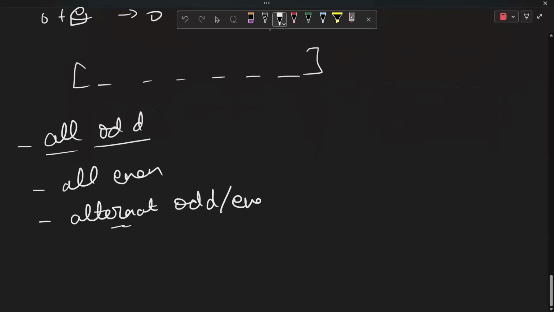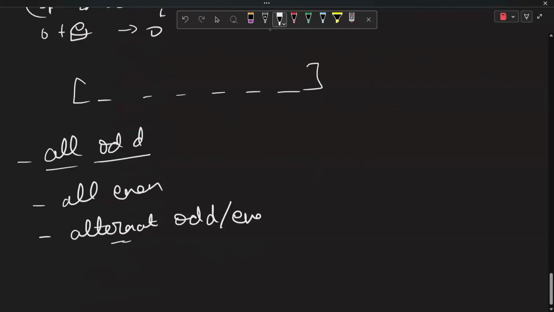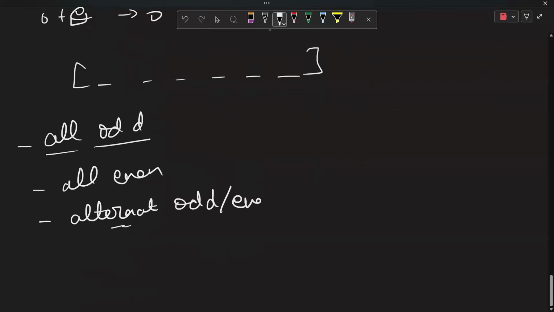This alternate one satisfies both case 3 and case 4. Either odd, even, or even, odd, even, odd. Both of them I am considering as alternate.